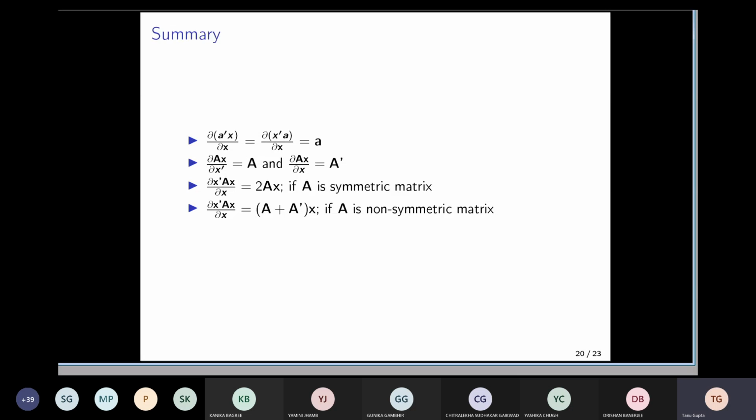So to sum up all these different matrix derivatives, or matrix differentiation. From where we started, suppose we are interested in finding the derivative of A prime x with respect to x, or x prime A with respect to x, it will simply be the vector A. Del Ax divided by del x prime will be matrix A, but del Ax divided by del x will be matrix A transpose.